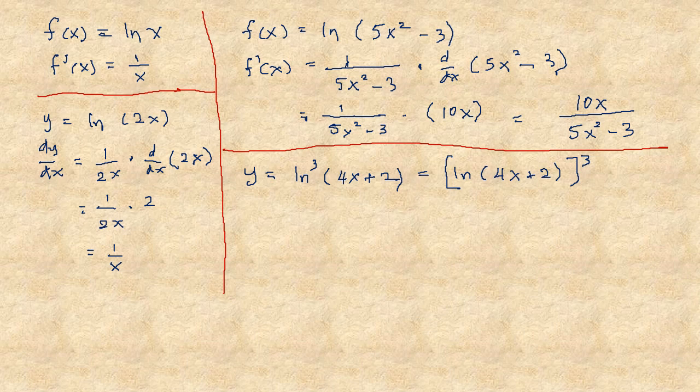So to differentiate this function, dy over dx will be equal to, first we will bring the power 3 to the front. So we have 3 (ln (4x plus 2)) to the power of, and then power minus 1. So 3 minus 1 is 2. So we have the power of 2. And then multiply by, we will differentiate function ln (4x plus 2).